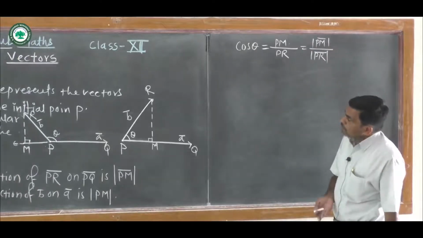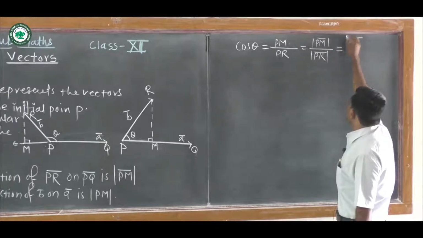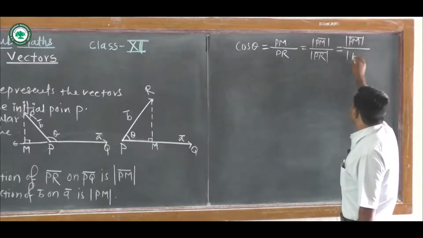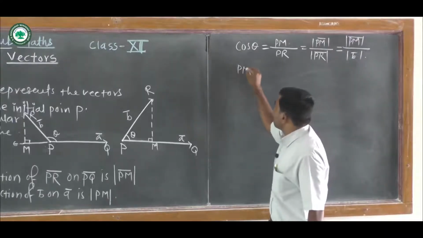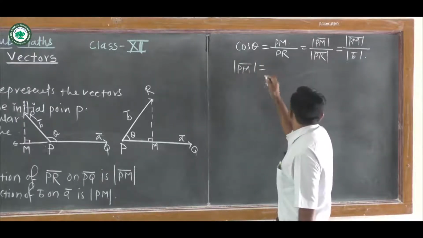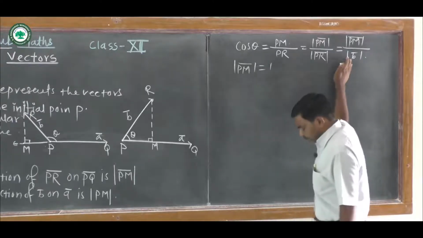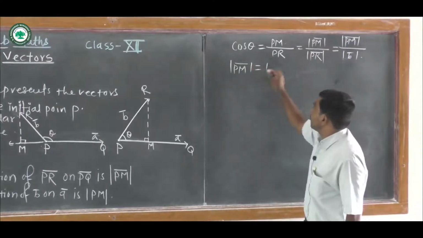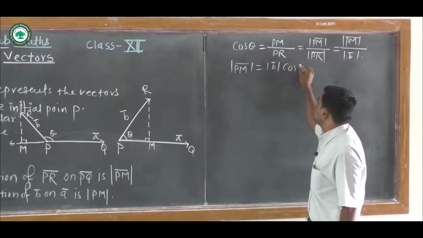But PR bar is B bar, so this is equal to the magnitude of vector PM bar divided by the magnitude of vector B. So from this we can write the magnitude of vector PM is equal to, shifting the magnitude of vector B to the left hand side, the magnitude of vector B into cos theta.